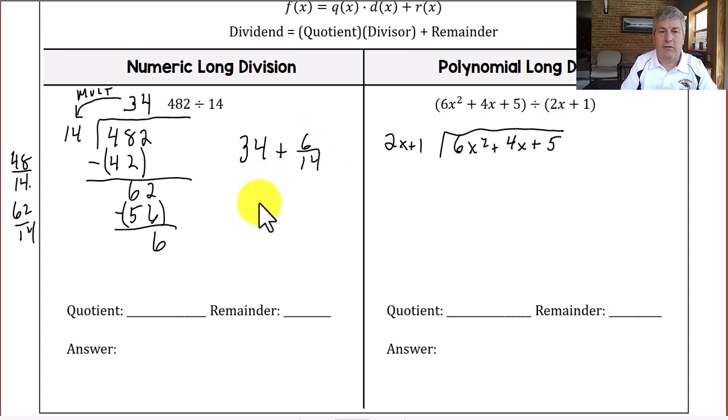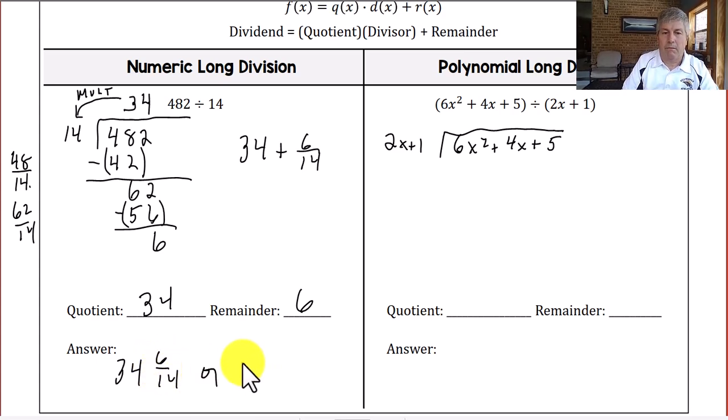Our quotient here is 34, and our remainder is 6. And our answer, 34 and 6/14, reduce our fractions, is 34 and 3/7.